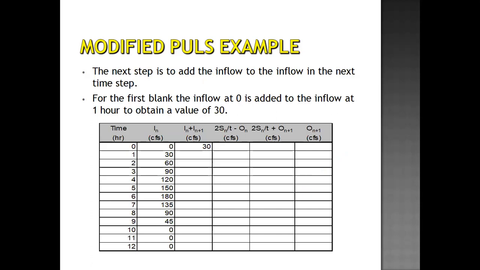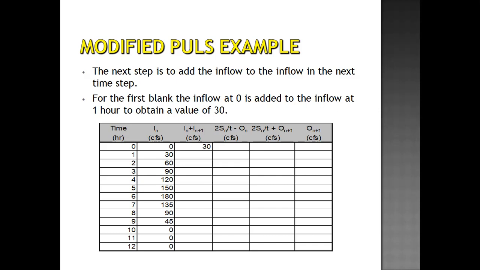The next step is to add the inflow to the inflow in the next time step. For the first blank, the inflow at 0 is added to the inflow at 1 hour to obtain a value of 30.